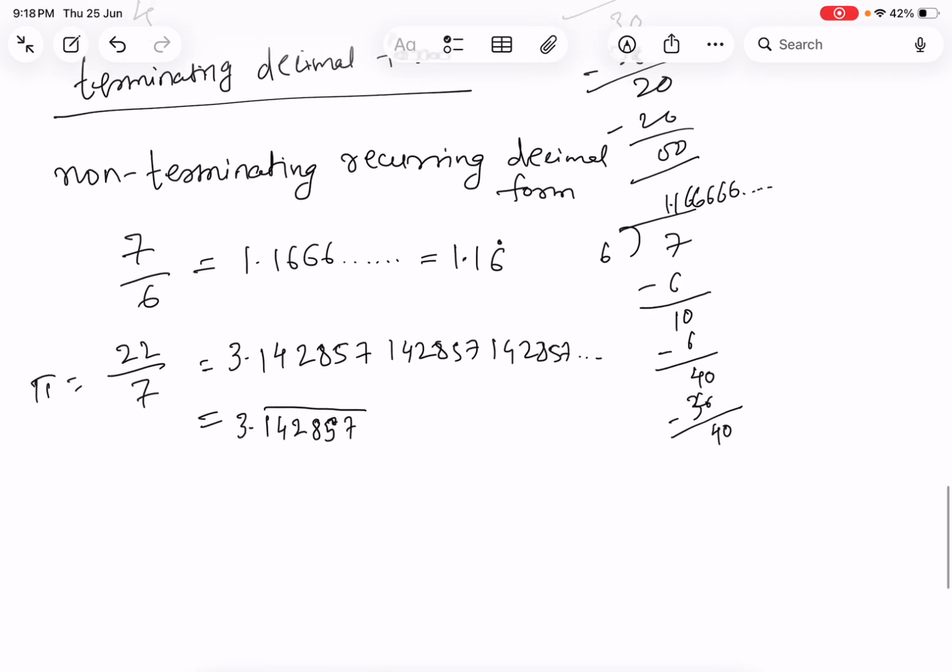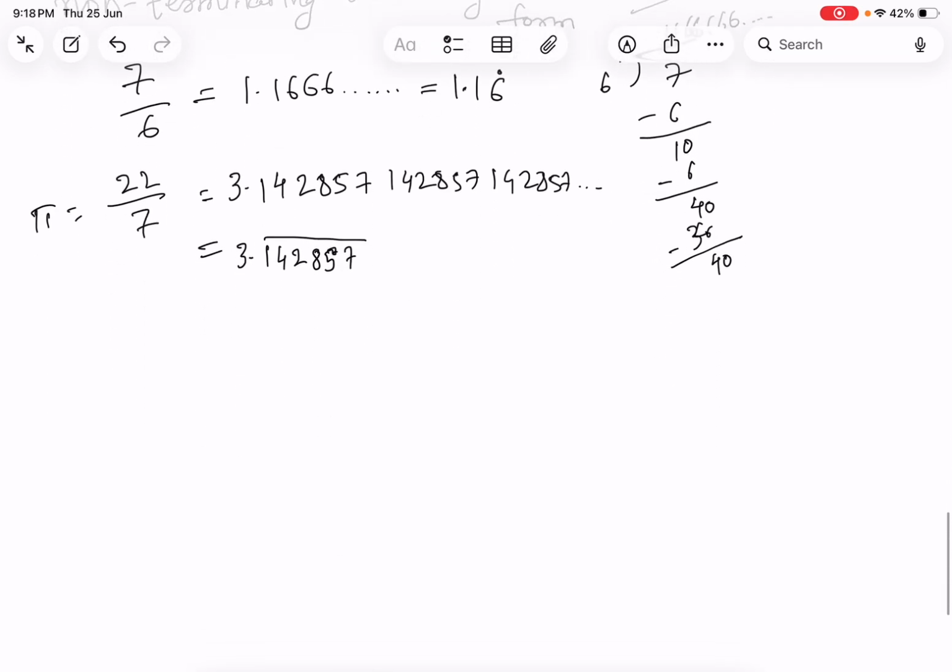Okay, pretty simple. Now let's try to solve some problems. Suppose you have 9 by 37. Of course it's a kind of big number. So you divide 9 by 37.